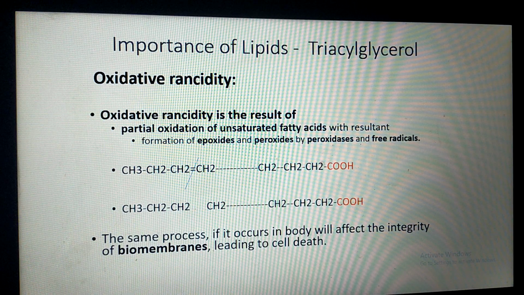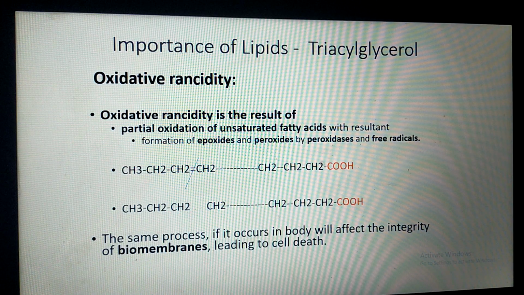Now this enzyme peroxidase or free radicals will break this fatty acid molecule into 2 parts at double bond position. Due to this breakdown, various epoxides and peroxides are formed from these fatty acids.